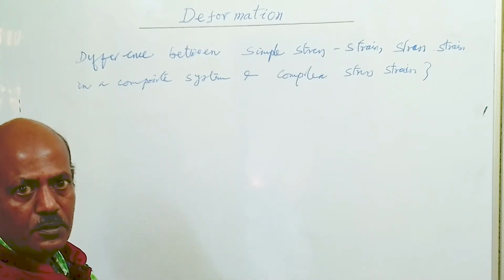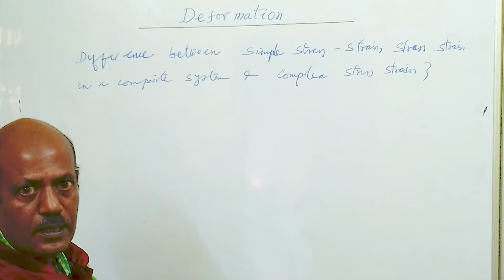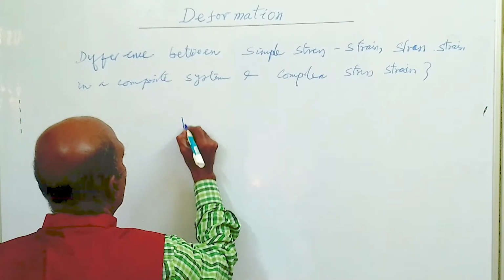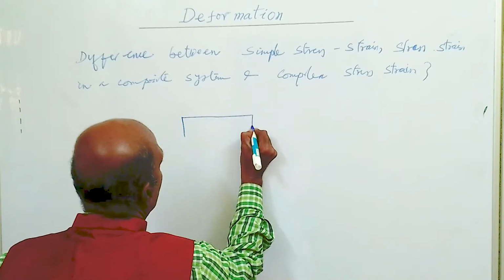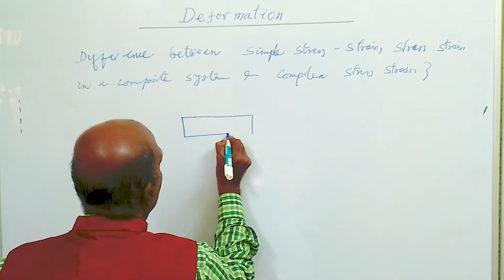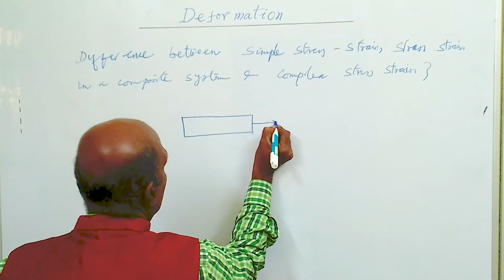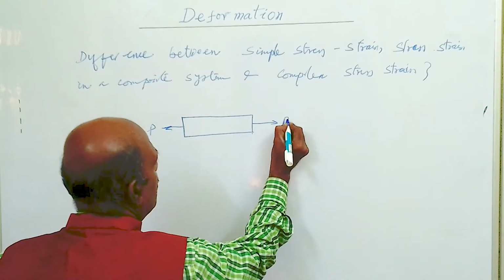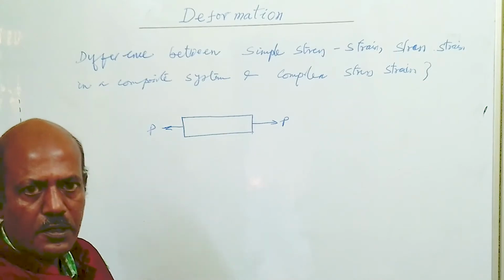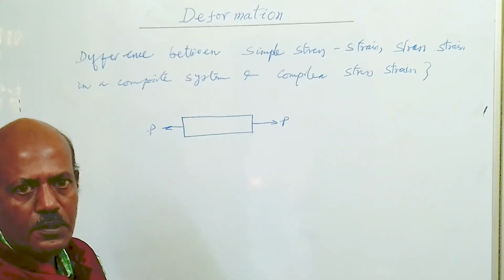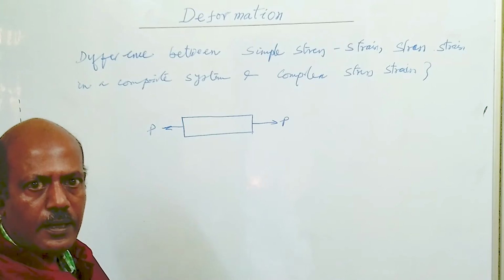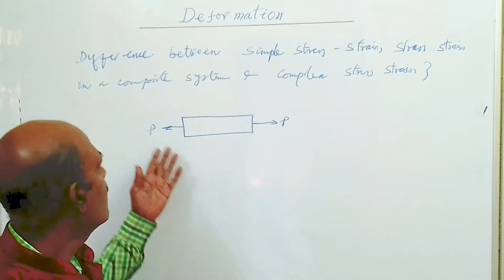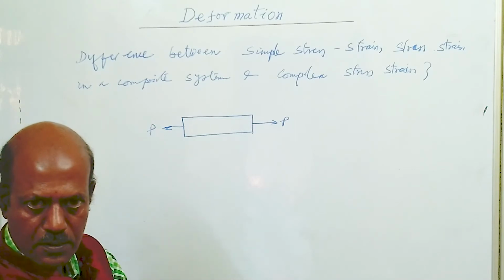Whatever video we have seen, we discussed about the simple stress strain. Say a bar is under load. This is the uniform bar and the bar is under load P. Say the load is a tensile load, or it may be a compressive load, or it may be a shear load, and the stress or strain developed in this system is called the simple stress strain.